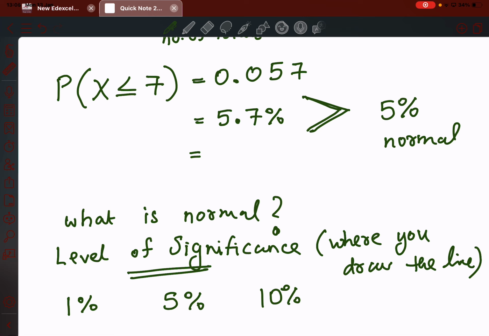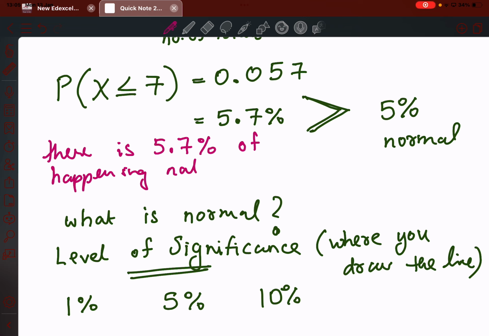Because 5% is normal, that can be taken as the normal error or the tolerance. And if the answer that you're getting is more than 5%, that means there is a 5.7% chance of the 7 out of 10 happening naturally. Okay? This is what you get as the result.